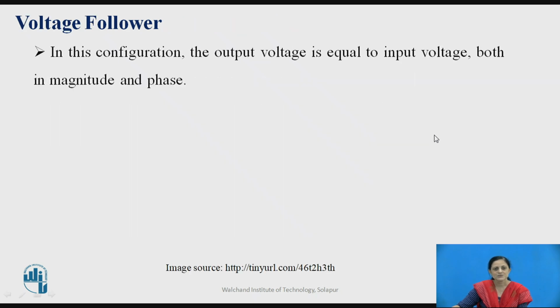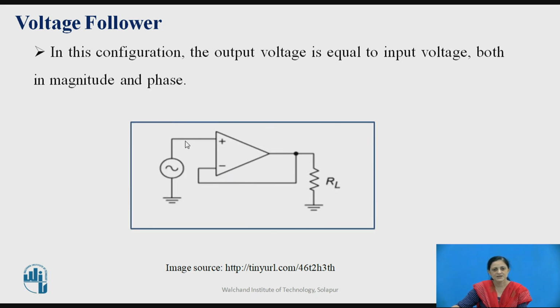Now, let us discuss the voltage follower circuit. In the voltage follower circuit, the output follows the input. In this type of configuration, the output voltage is equal to the input voltage, both in magnitude as well as in phase. Therefore, the gain for the voltage follower circuit is unity, equal to 1.